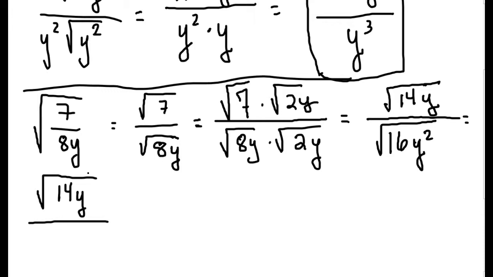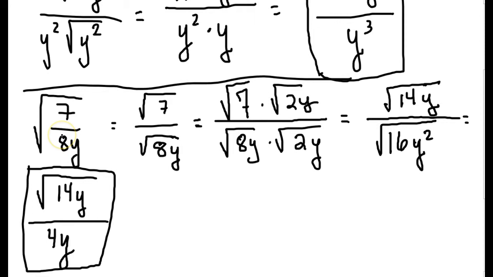Miss Lowell? Yes. Since you can't have the radical sign in the denominator, wouldn't that be just 4y? That would be 4y. It would be the square root of 14y over 4y. Correct, and that is exactly it.